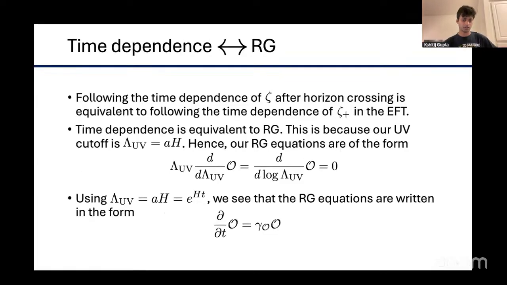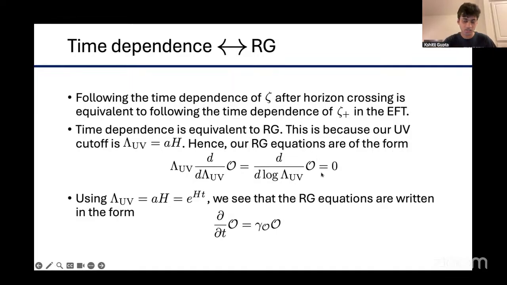Now, remember the motivation was to understand the time dependence of zeta after horizon crossing. Because the constant mode was zeta plus, in the EFT we want to understand the time dependence of zeta plus. Time dependence is actually, in the EFT, equivalent to doing an RG analysis. This is because our cutoff is aH, remember?